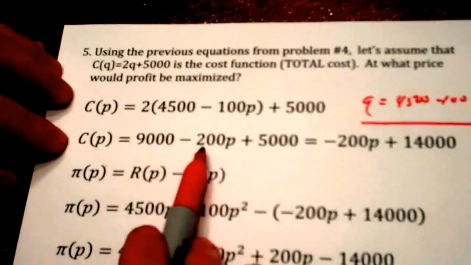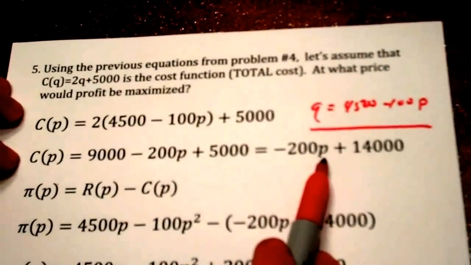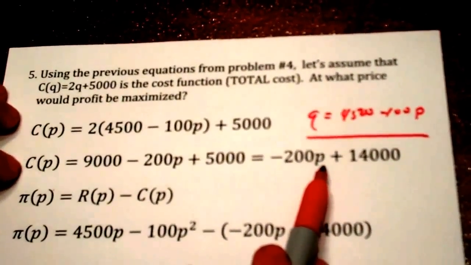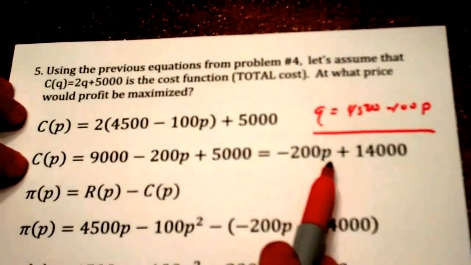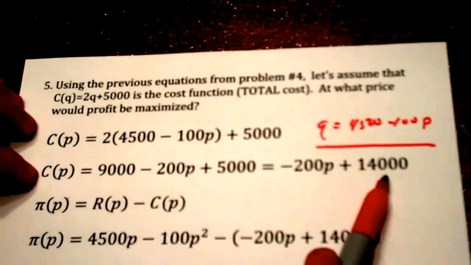Simply multiplying through the parentheses and combining my like terms gives me a cost equation. So cost based on price now instead of quantity would be negative 200p plus 14,000.